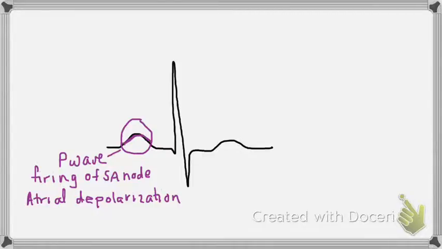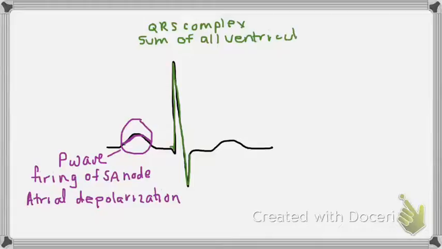The next one we're going to talk about is this one right here in green, and that one is our QRS complex. Okay, and what that is the sum of is all ventricular depolarizations.